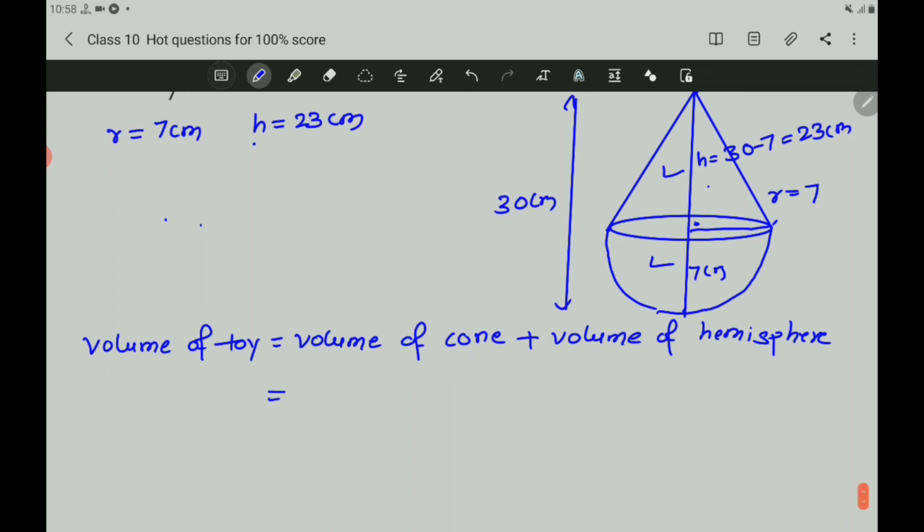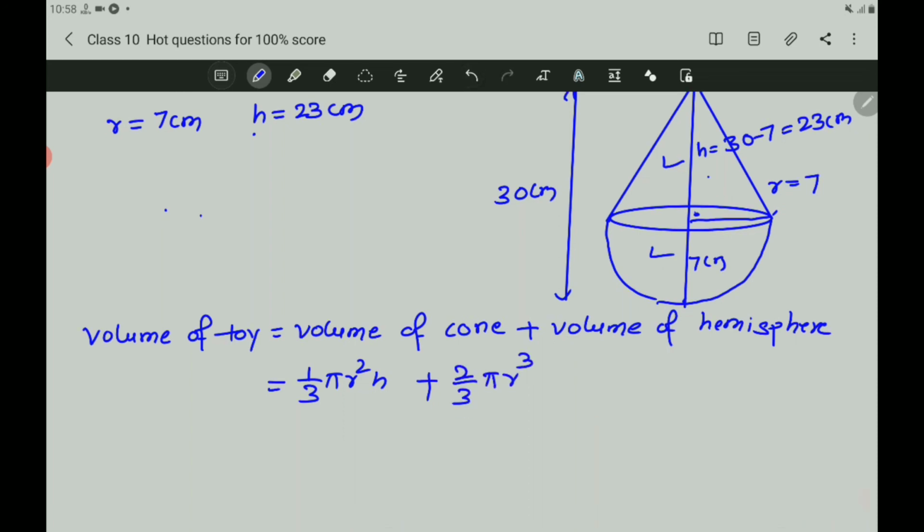Volume of cone is 1 by 3 pi r square h, and volume of a hemisphere is 2 by 3 pi r cube.